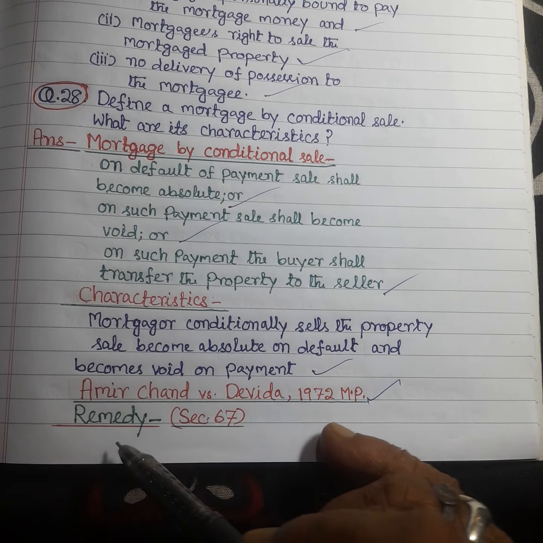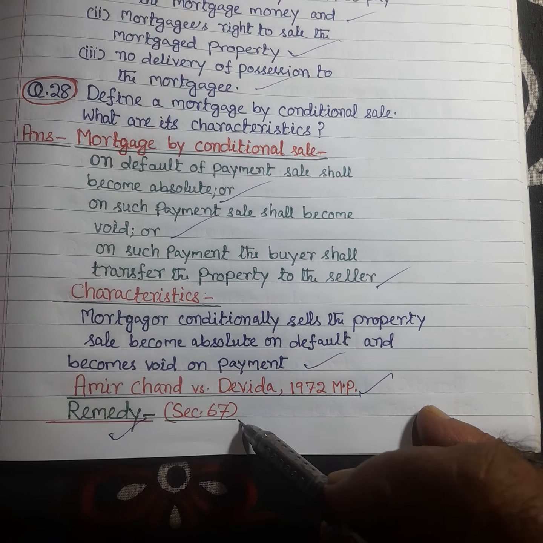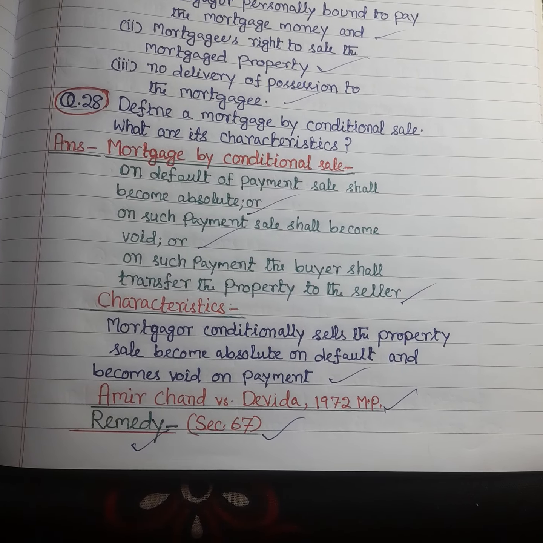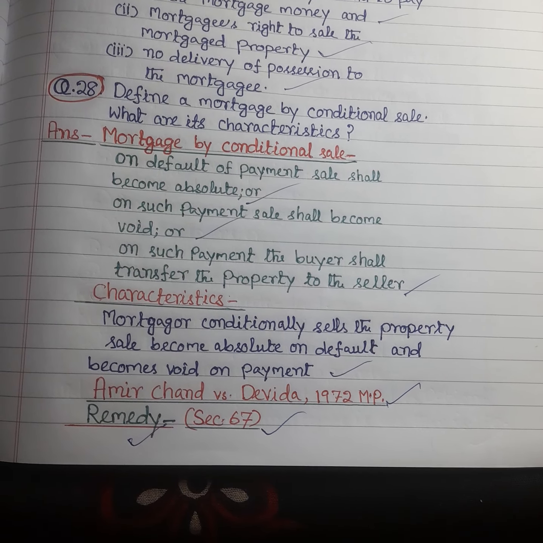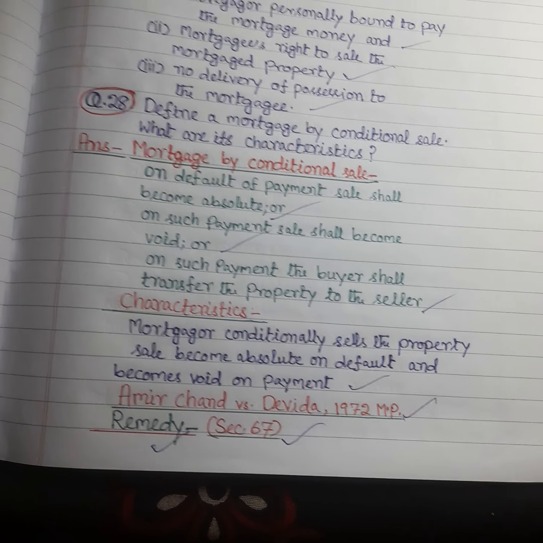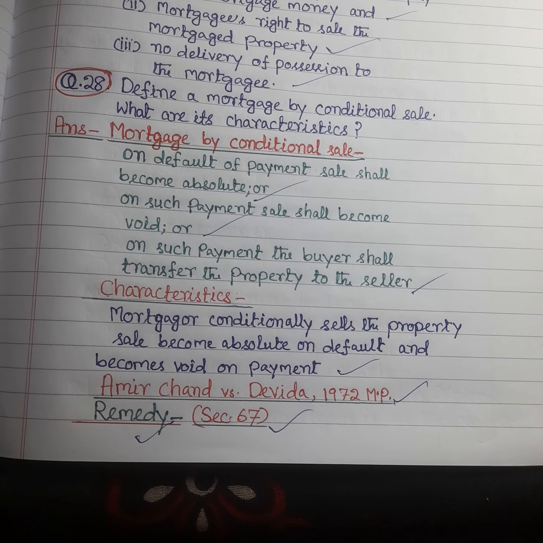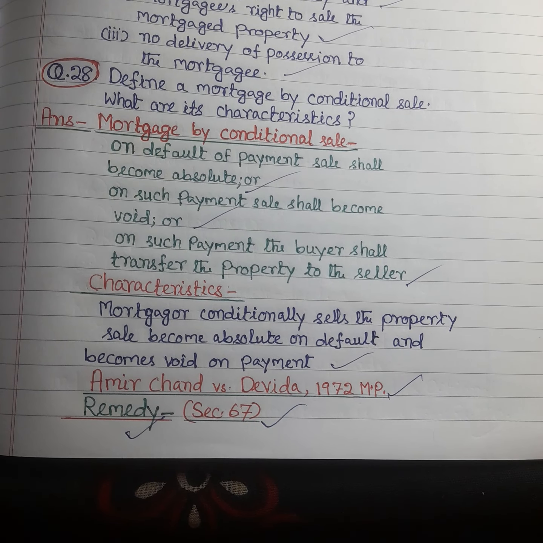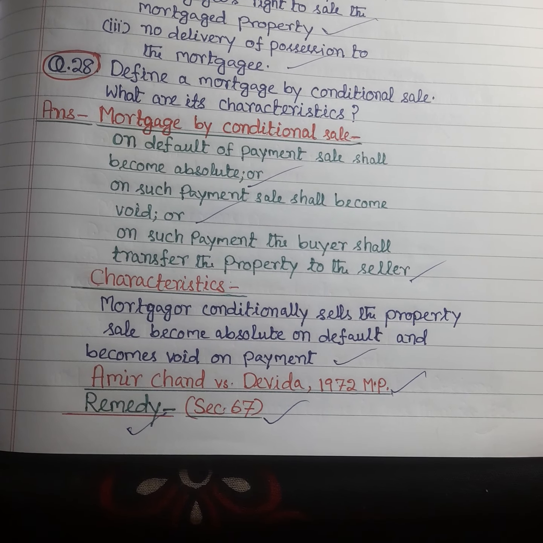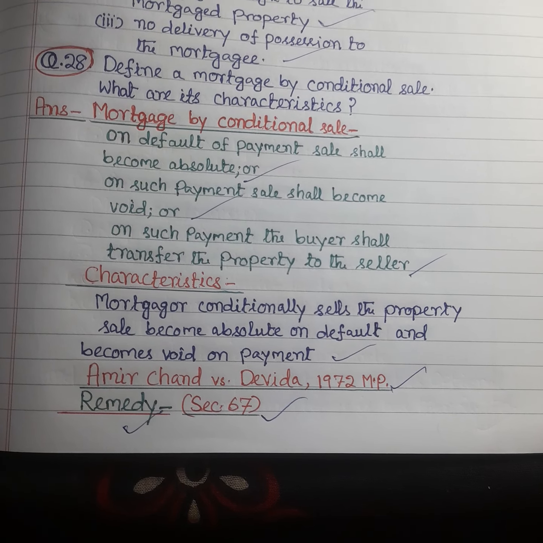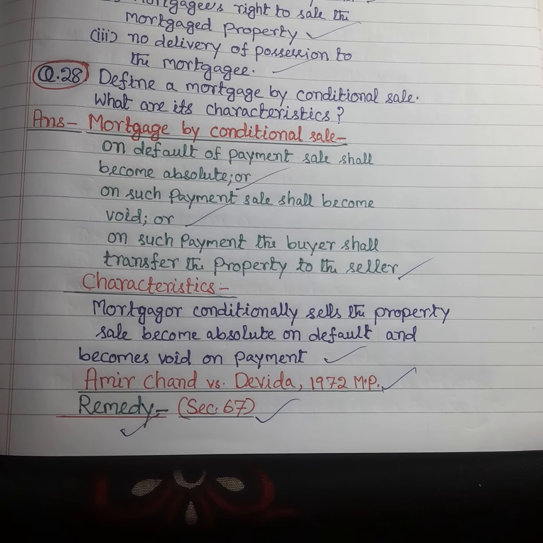And now we'll go to the remedies for a mortgage by conditional sale as provided under Section 67 of the Transfer of Property Act. The remedy of the mortgagee is to obtain from the court a decree that the mortgagor shall be absolutely debarred of his right to pay and take back the property.